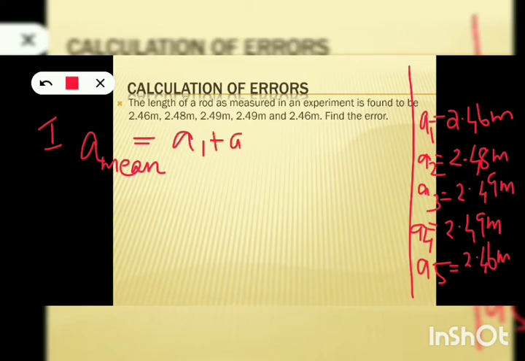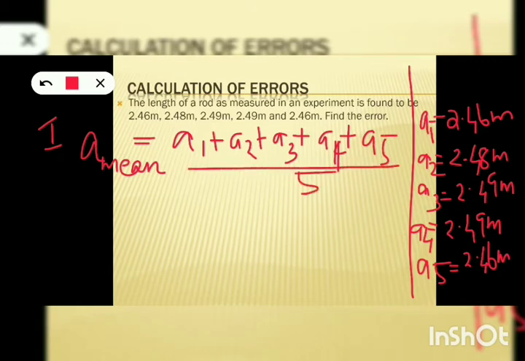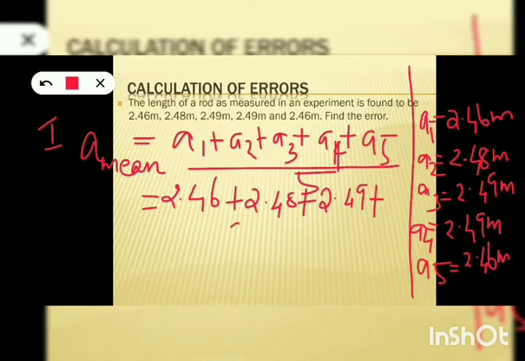A1 plus A2 plus A3 plus A4 plus A5, all divided by 5, equal to 2.46 plus 2.48 plus 2.49 plus 2.49 plus 2.46, all divided by 5.